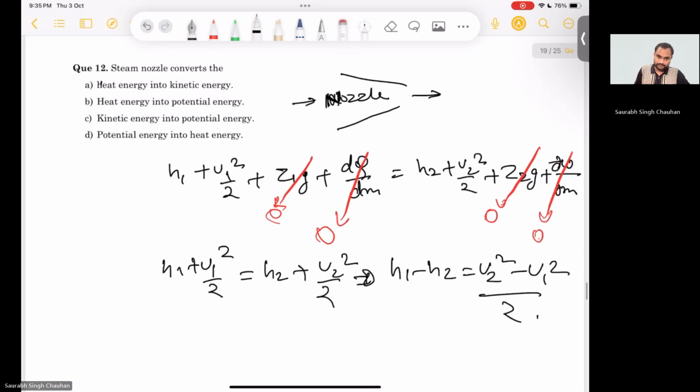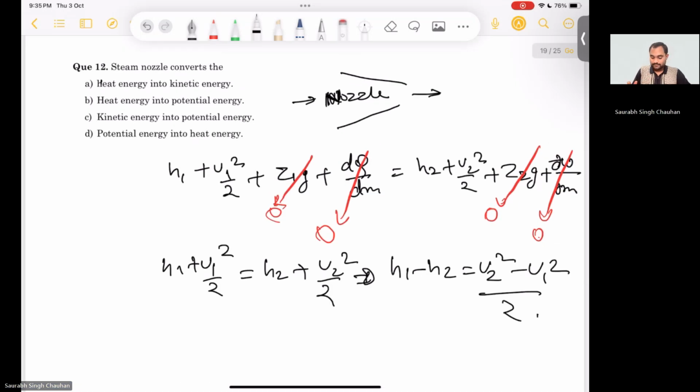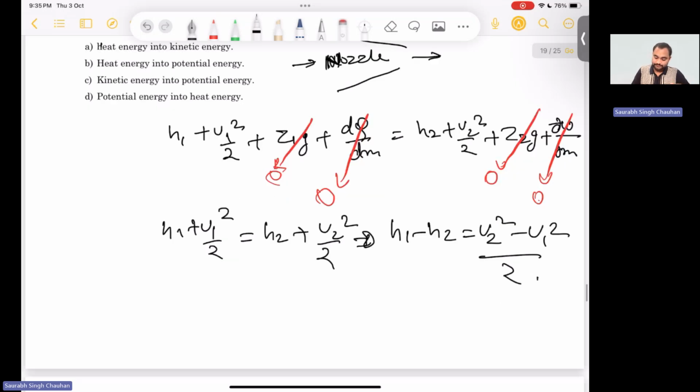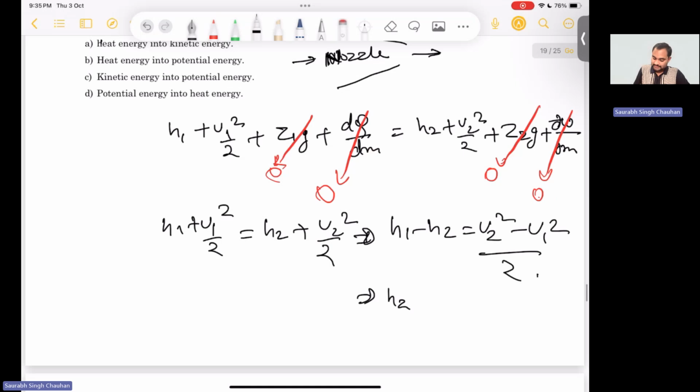And in a nozzle, at the outlet you get higher velocity, and that is the purpose of a nozzle. So a nozzle converts heat energy into kinetic energy. The main purpose of a nozzle is to increase the kinetic energy. At the outlet, the velocities are quite high, and the inlet velocities can be neglected as compared to the outlet velocities. So you can also write it as h1 minus h2 is equal to v2 square by 2.